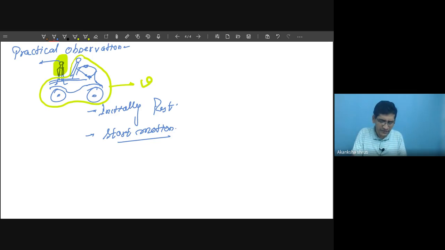This way the bike has moved a bit ahead, but the head remains at the same position, so it appears that our head is falling backward.